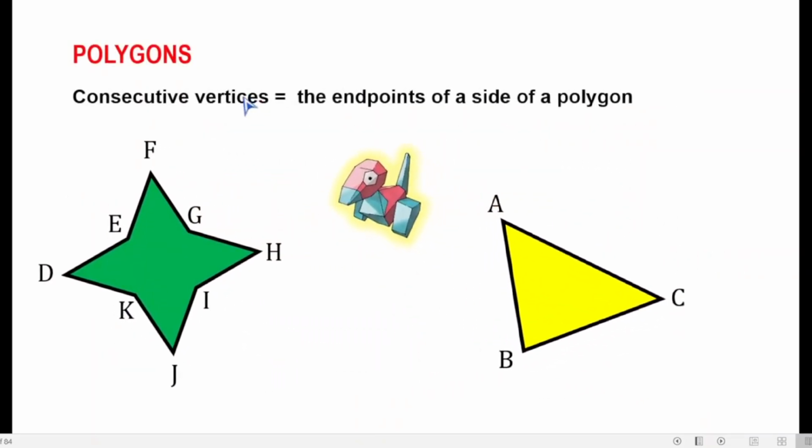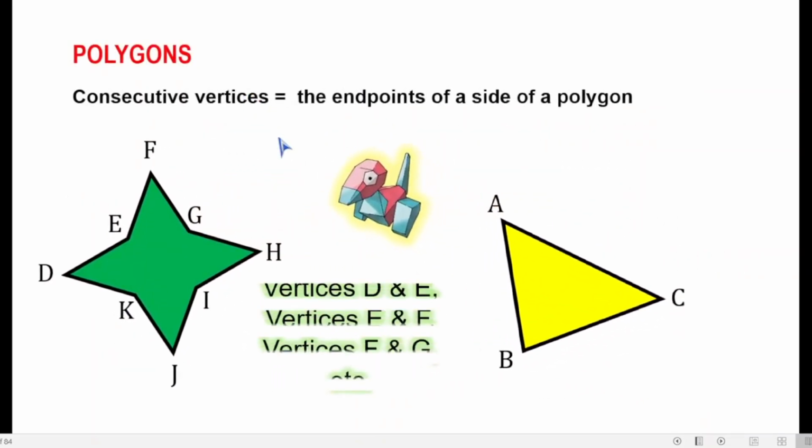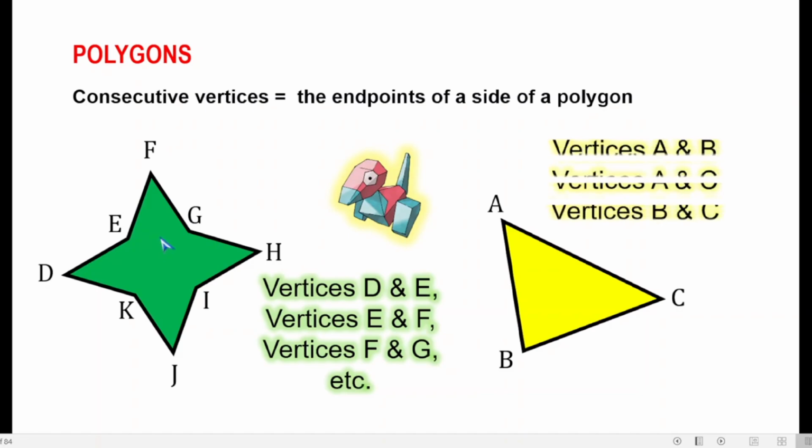Alright, so consecutive vertices, what are these? They are endpoints of a side of a polygon. For example, this one, side DE. So D and E vertices are consecutive. A and B, A and C, B and C. They are consecutive if they are from the same side.